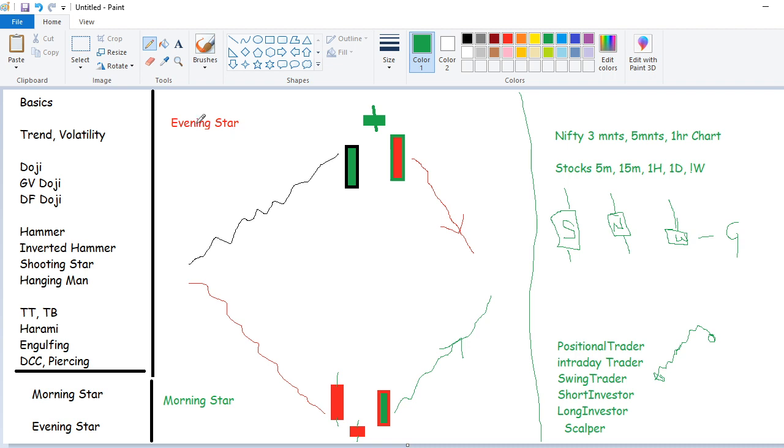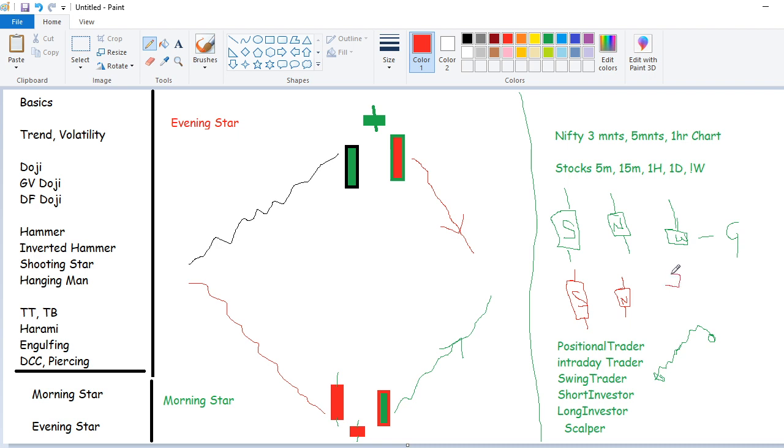Okay. And what if it is red? If it is a red candle, full red, full body, strong body, that is strong. Small body and small average wicks, then it is neutral.